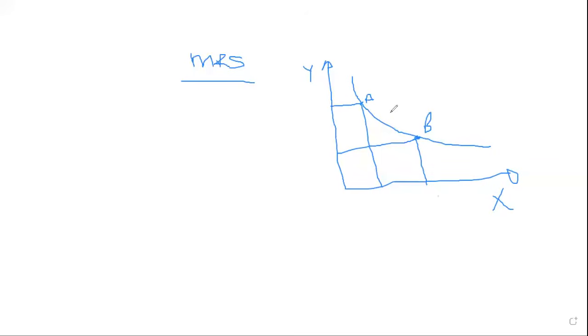Right. Now we can show that the marginal rate of substitution, which we call the MRSxy in this case, is equal to the negative of the slope of the indifference curve. So the slope of the indifference curve is already negative, MUX over MUY.